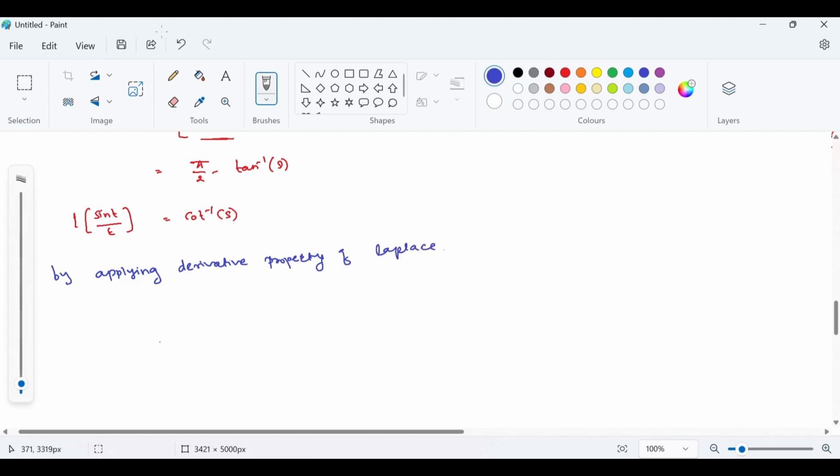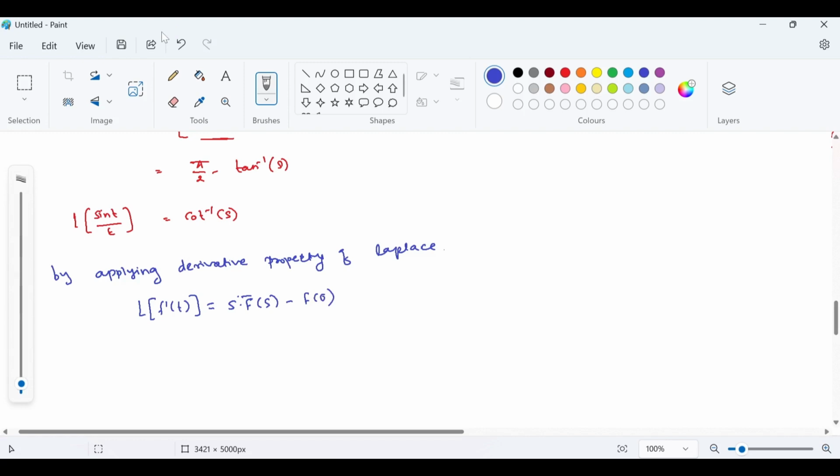So what can I write here? Derivative property of Laplace. So, what is that property? Laplace of f dash of t is equal to s f bar of s minus f of 0.